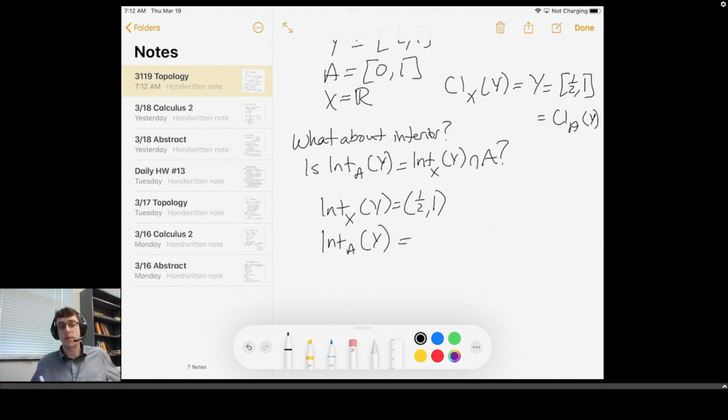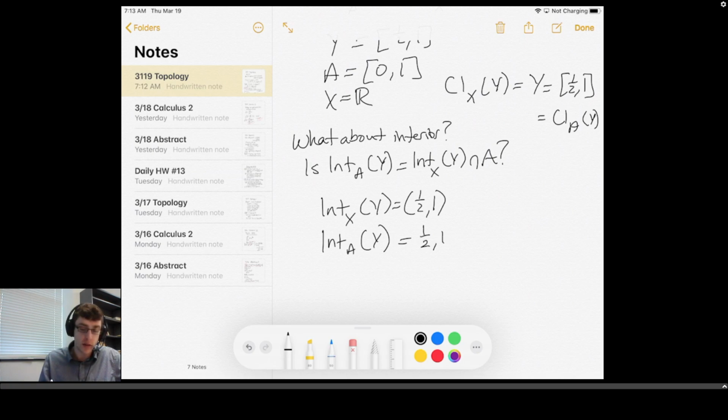So this is stuff we did last time. So who can tell me what this is? Or type it, whatever works. But this is asking for Y inside A. You've got to tell me what's happening with the endpoints.